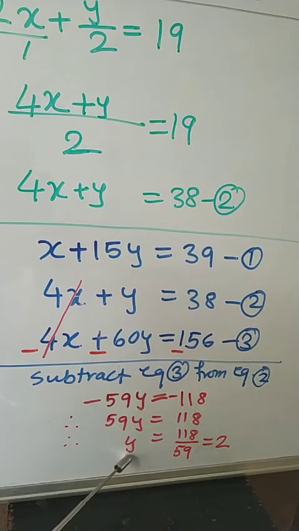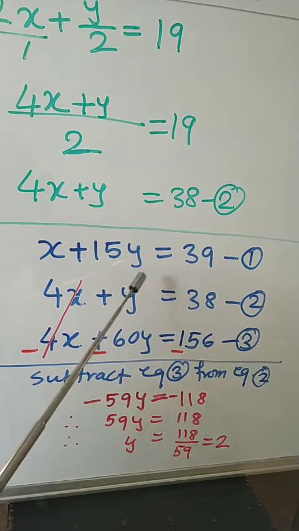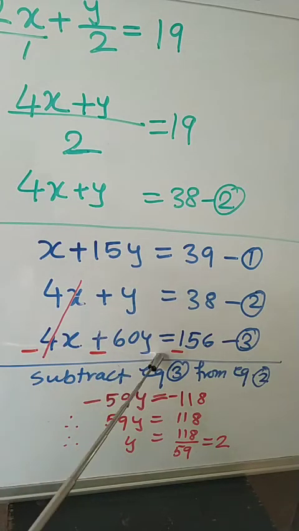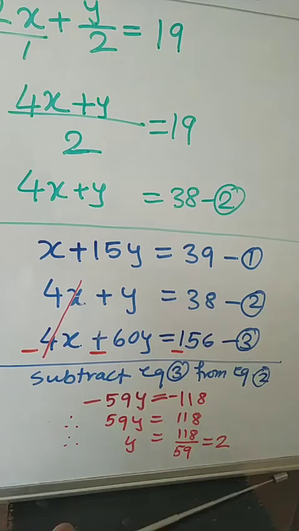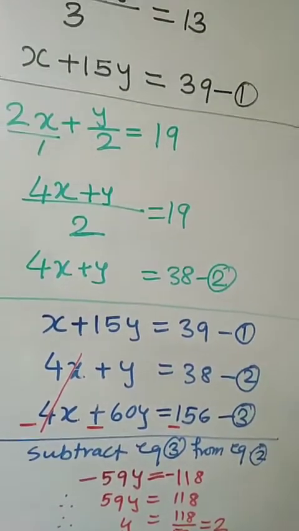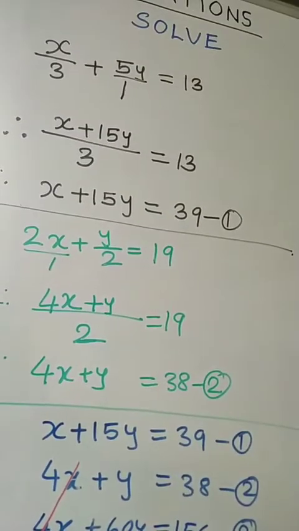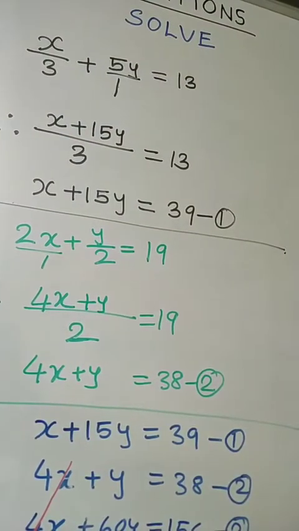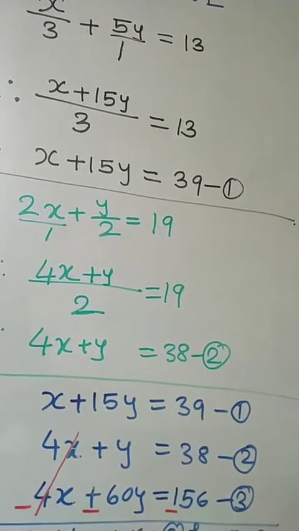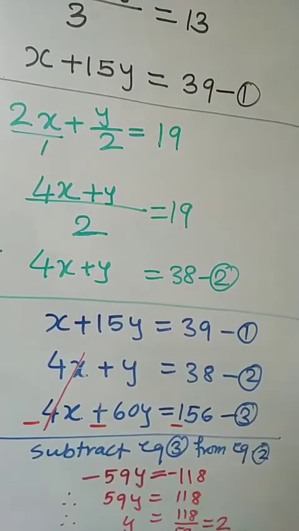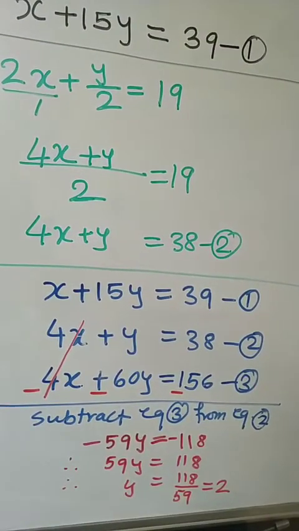Once you get y is equal to 2, you can substitute y value in either equation 1, 2 or 3 and find the value of x. So this is the working of a sum which involved fractions. I am sure by now you are comfortable with the fractions. This sum is not complete, you are going to complete it.